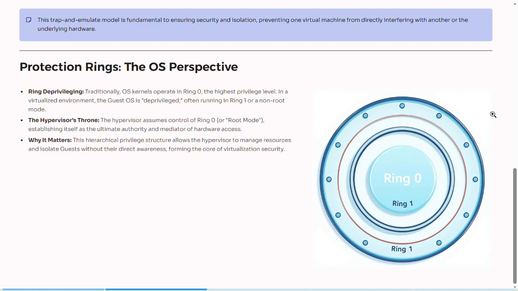As you can see in the diagram, in a virtualized environment, the guest OS is deprivileged, often running in ring 1 or non-root mode, and the hypervisor's throne, where the hypervisor assumes control of ring 0, establishing itself as the ultimate authority and mediator of hardware access.